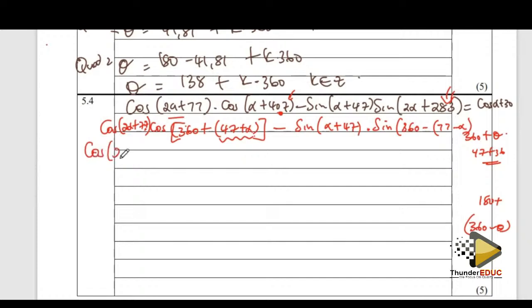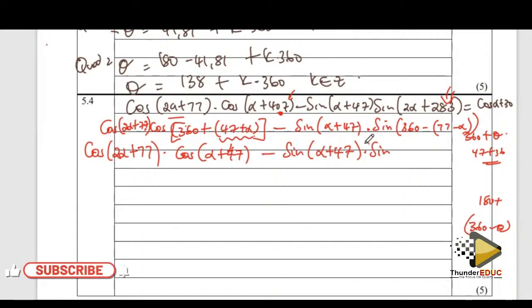So I'm going to have cos(2α + 77) cos(α + 47) minus sin(α + 47), and then this gives me negative sine, because the sine is negative within the fourth quadrant, so it's a negative sine of (α + 77).